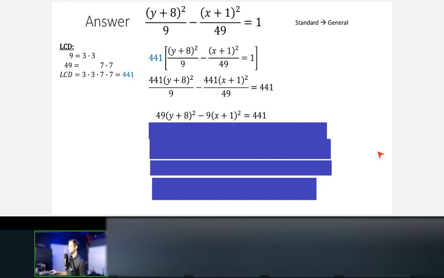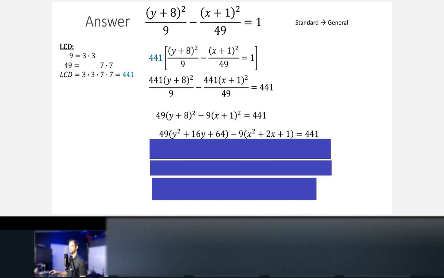Yeah, y squared plus 16y. Oops, I'm guessing you meant to put y instead of x. Habit, right? Habit. 16y plus 64. Yeah. Now, if you're someone that needs to actually write it twice and show the FOIL work, that's fine.